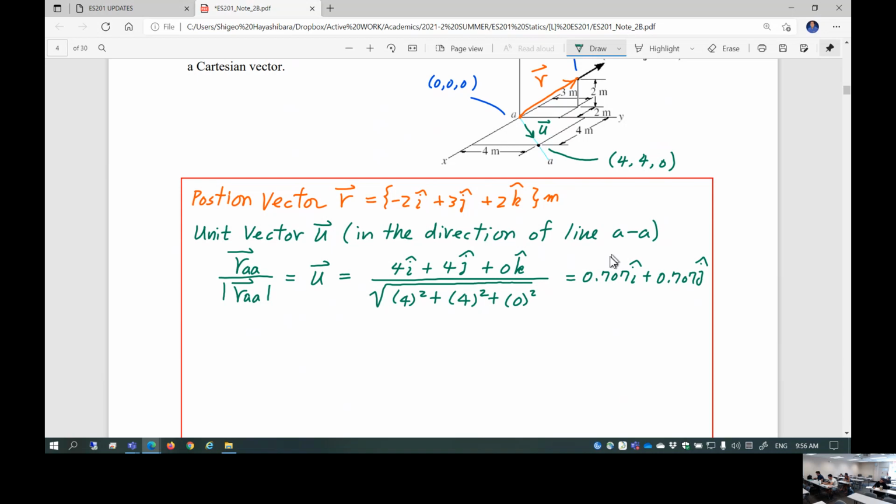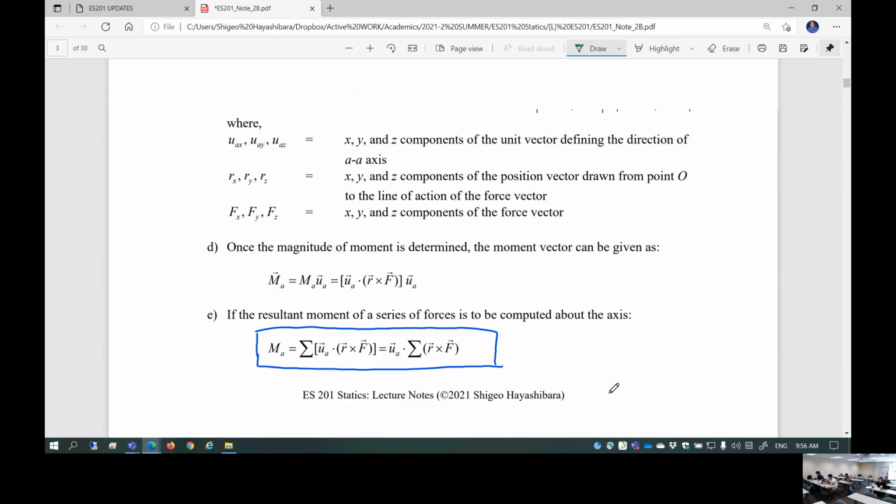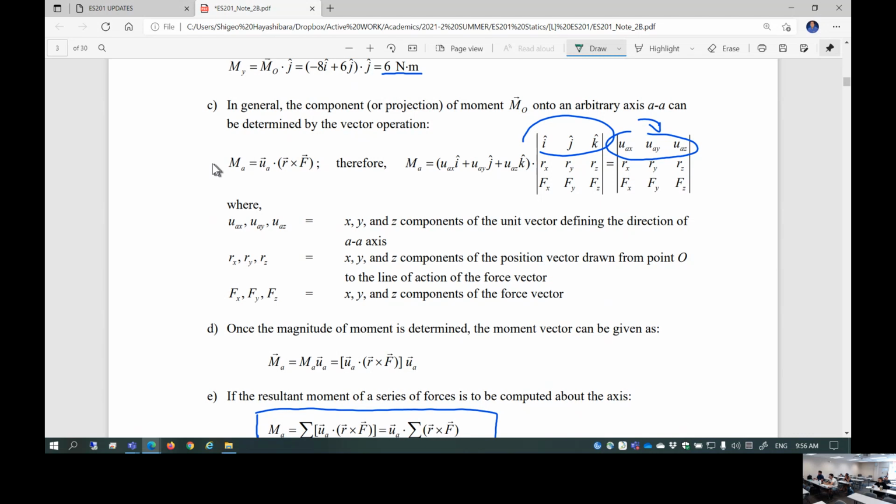Why do I need that? Well, I'm trying to do this, right? This is the position. This is the unit vector in the direction of line AA. This is the moment developed by the force. I want to have a projection for this moment to the line of AA.